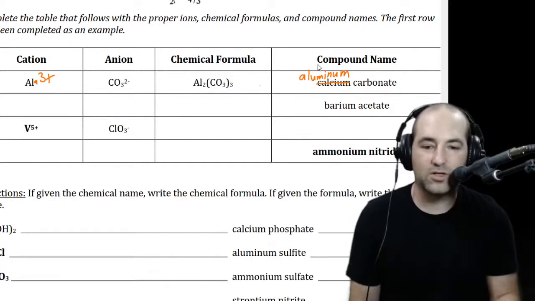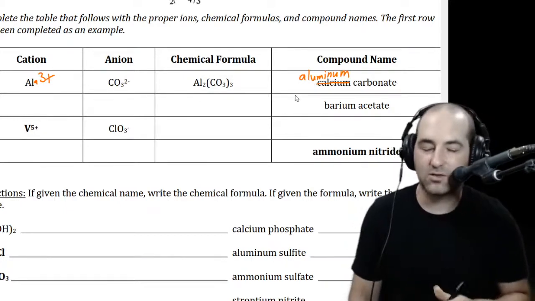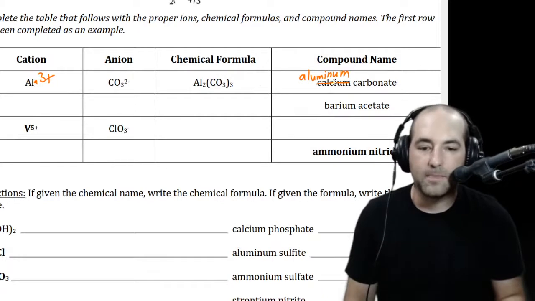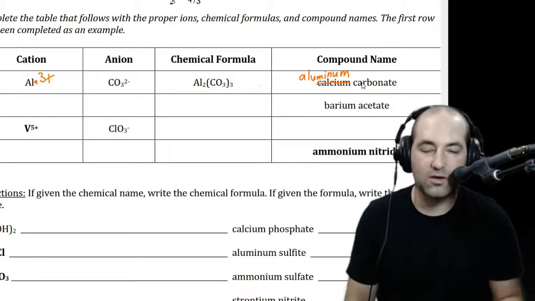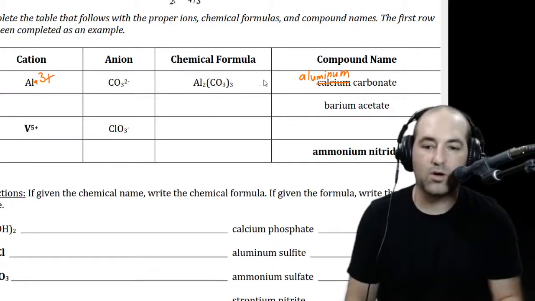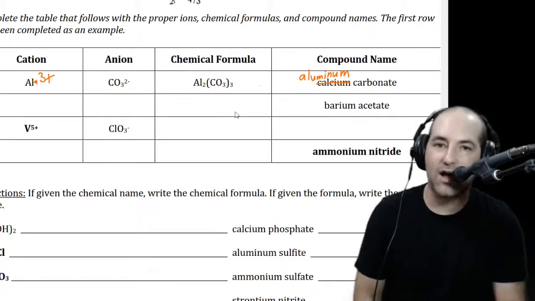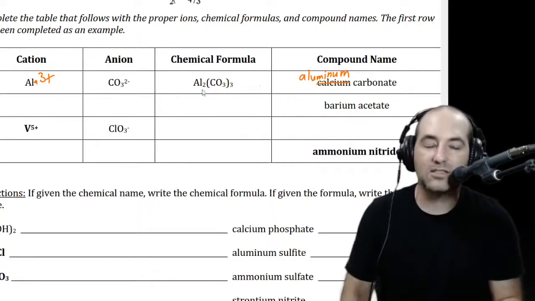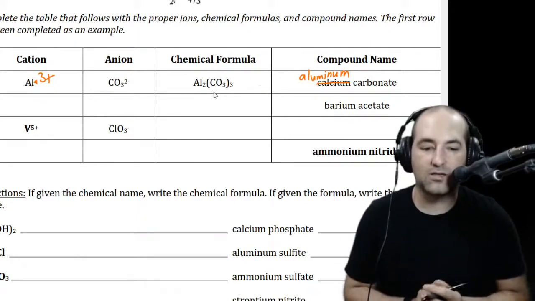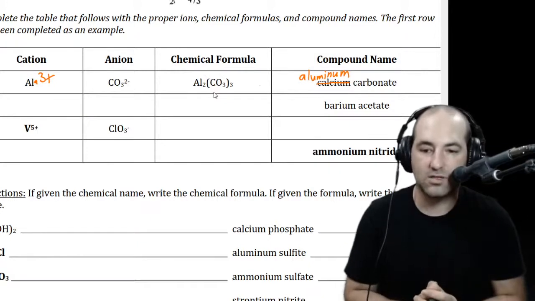That's more of a British English version of it, but that's totally fine if that's how you learned it. So we have aluminum, which is always +3, and then carbonate. And we don't have anything else there. We don't use prefixes. We don't break this up and say carbon trioxide or something like that. That's just the ion, and its name is carbonate, just like oxide, and we just stick its name there.